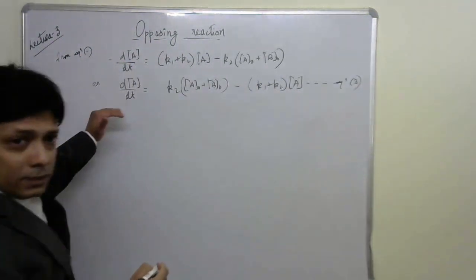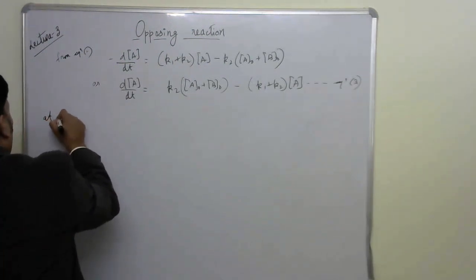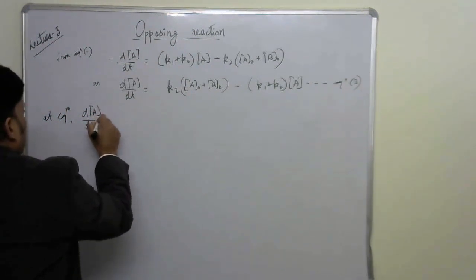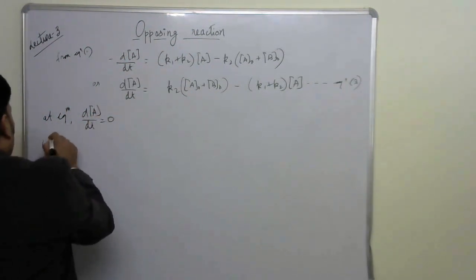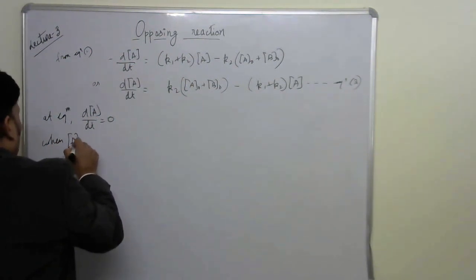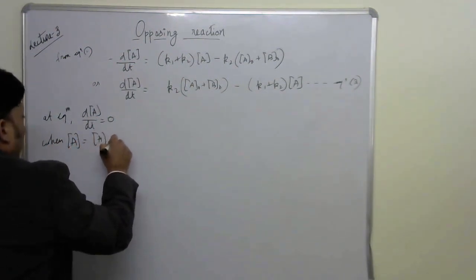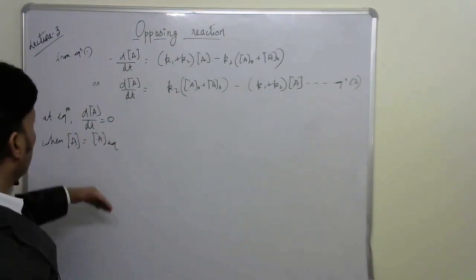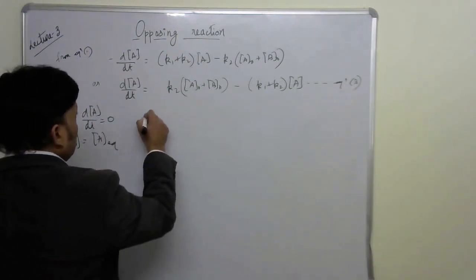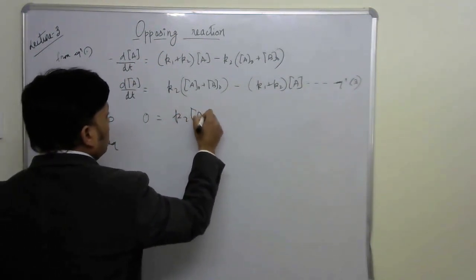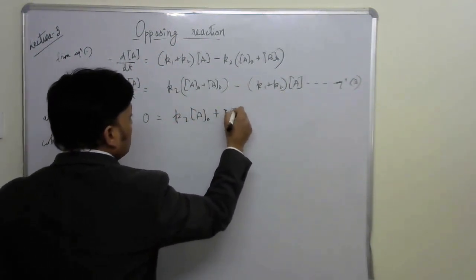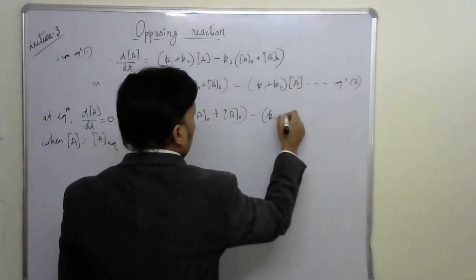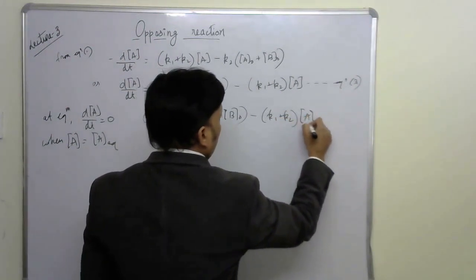So now let's apply the condition of equilibrium. At equilibrium, we can say that dA/dt is equal to 0 when the concentration of A becomes A equilibrium. So if we apply the equilibrium condition, we get 0 is equal to K2 times A naught plus B naught, minus K1 plus K2 times A equilibrium.